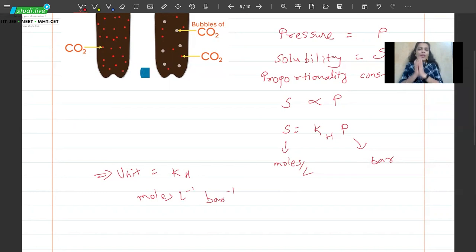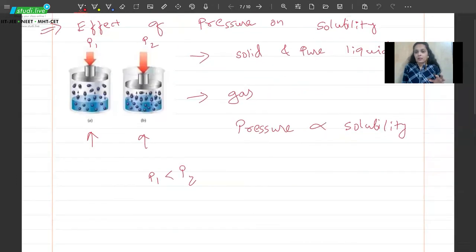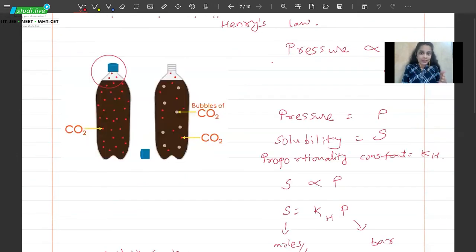This is a very, very important part. What we had discussed till here is the effect of pressure on solubility: for solids and liquids no major effect of pressure, but for gas it is directly proportional, and this law was proposed by Henry, which we use very much in our day-to-day life.